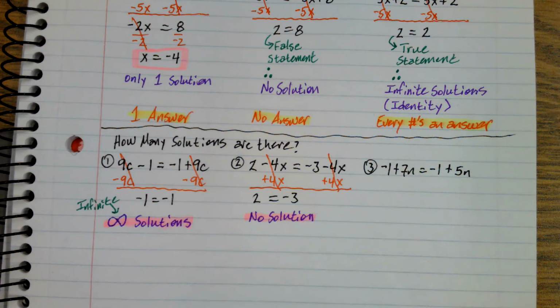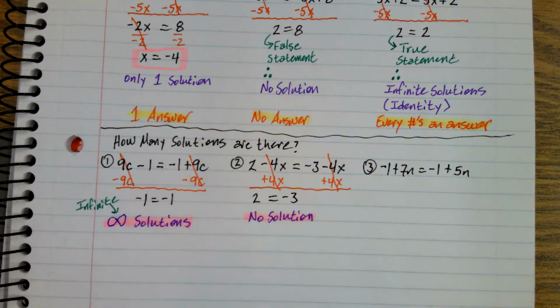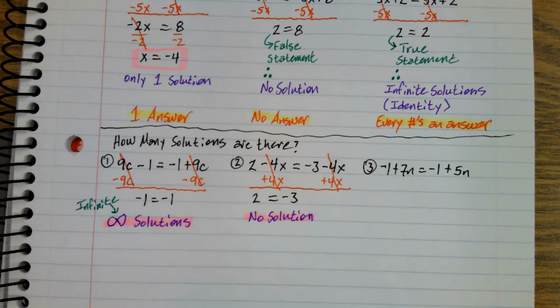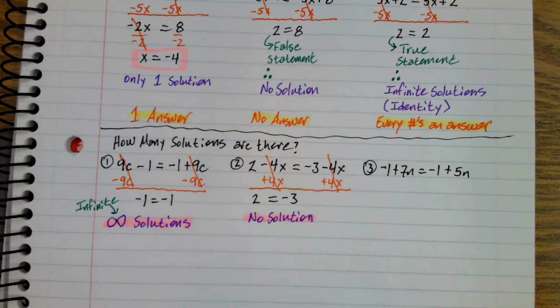So we do have variables on both sides. Are they the same? Are they identical like we've had before? No, they're not. They're not identical. You got 7n on the left, 5n on the right. Well, let's get rid of variables. Let's eliminate 5n.